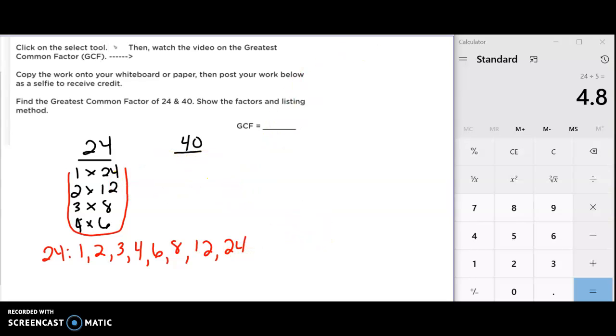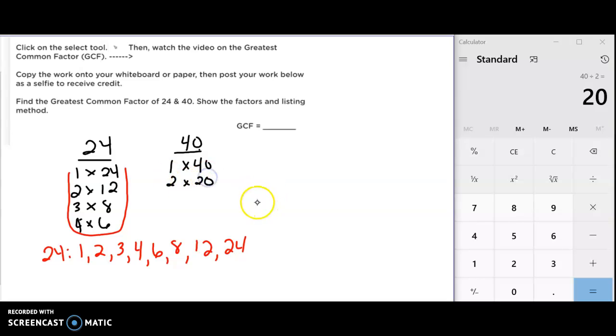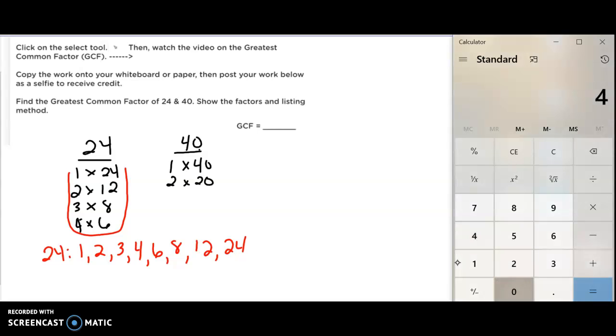Now let's do 40. All right, you ready? Always start with what number? That's right, 1. 1 times what? 1 times 40. Good. What about 2? Yes, it's even. Well, 40 divided by 2 is what? 20. So 2 times 20. Well, what about 3? Let's check it out. Clear it out. 40 divided by 3.